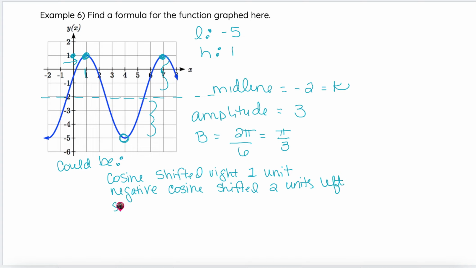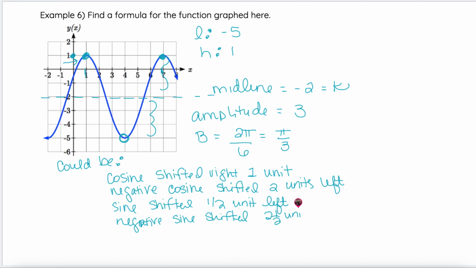It could be sine shifted half unit left. Or it could be negative sine shifted 2.5 units right.